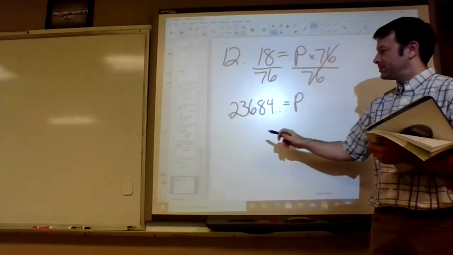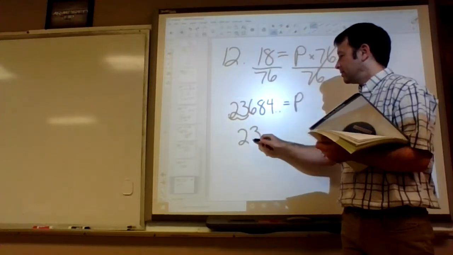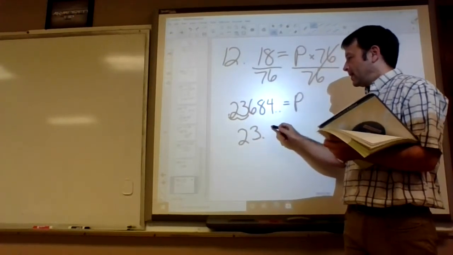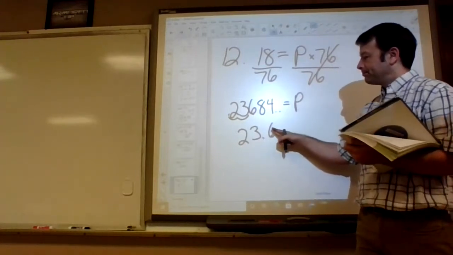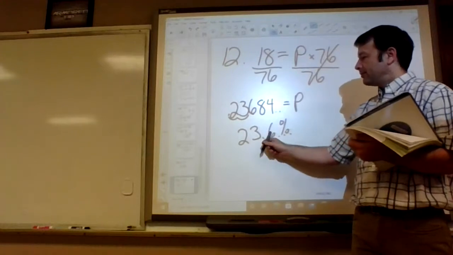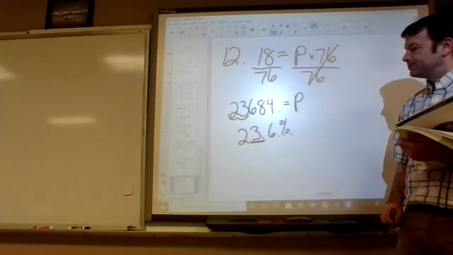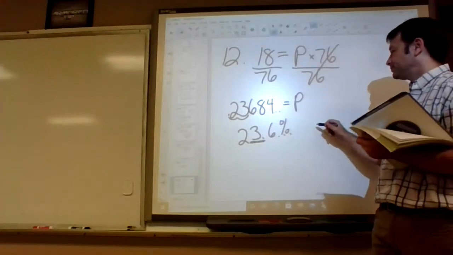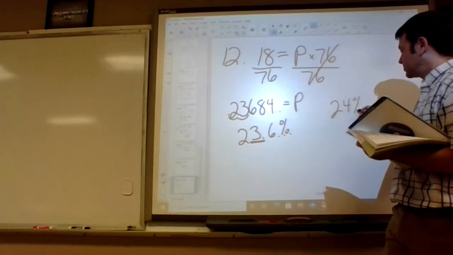How do I change this to a percent? 23.7. Yeah, 23.6, blah, blah. Percent. I'm rounding it to the whole numbers, so I need to round it right there. 24%. I'll just put that here, I guess. 24%.